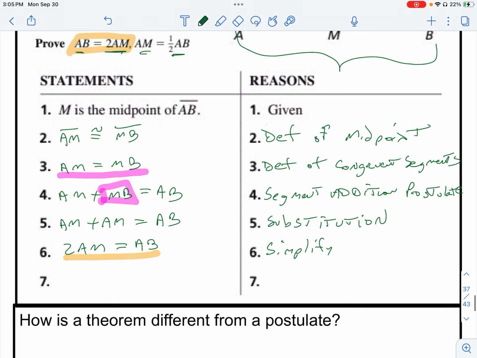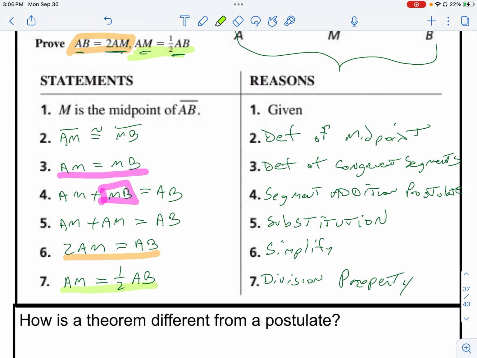Now we just got to get to the second thing, and I need AM equals 1/2 AB. Well, I got 2AM. So if I divide through by 2, using my division property, I have gone ahead and proven both things they wanted to prove. So we are golden.